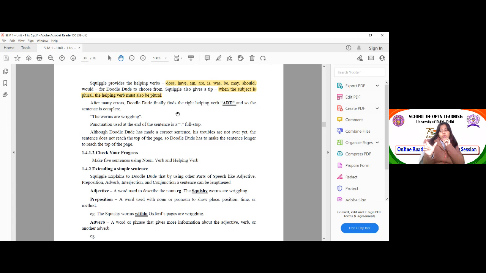But you can see it's a very small sentence. You can see there is a noun, there is a helping verb, there is a verb. It follows the rules of English. But what it doesn't do is it is not a complicated sentence. So Doodle Dude still cannot escape from the dictionary. He's still stuck inside the dictionary.